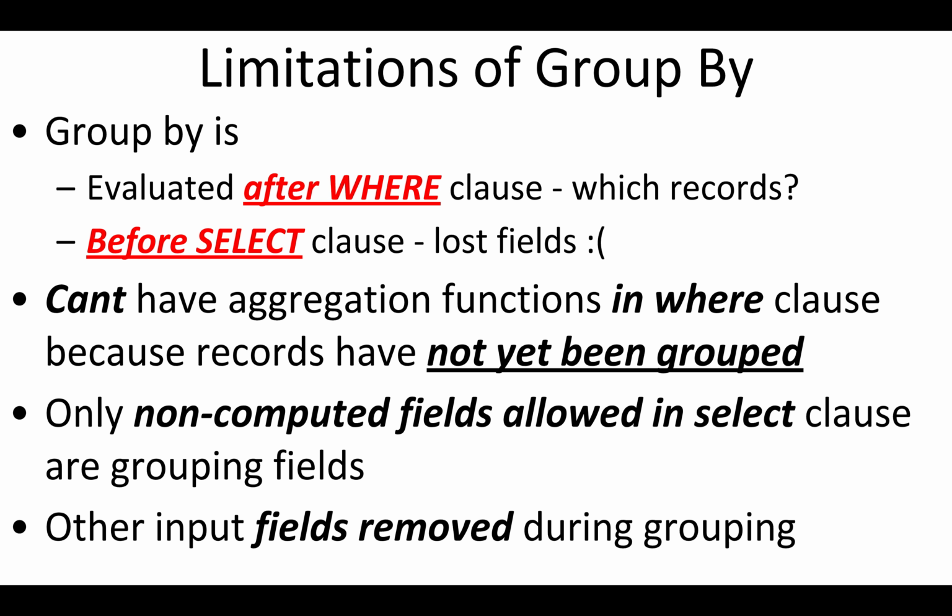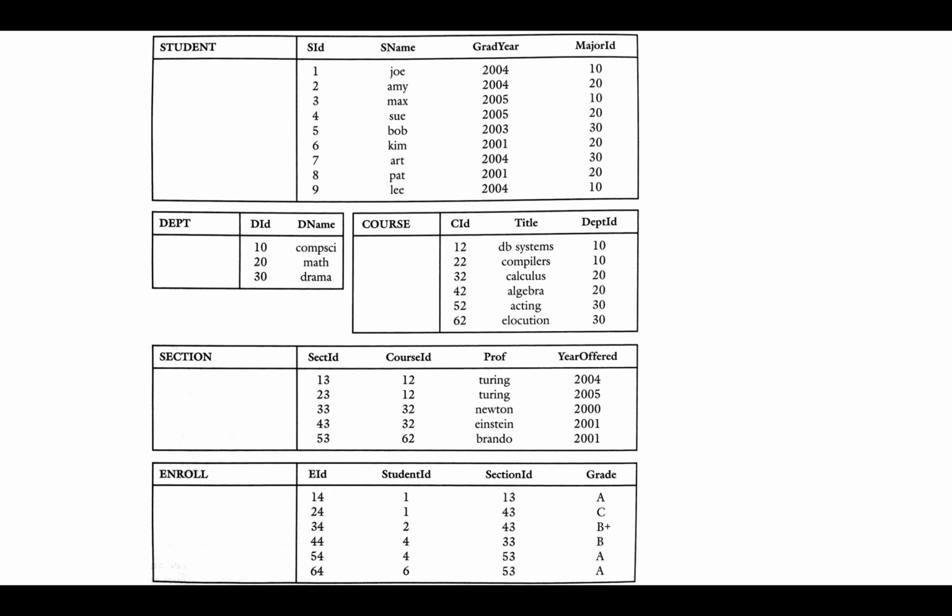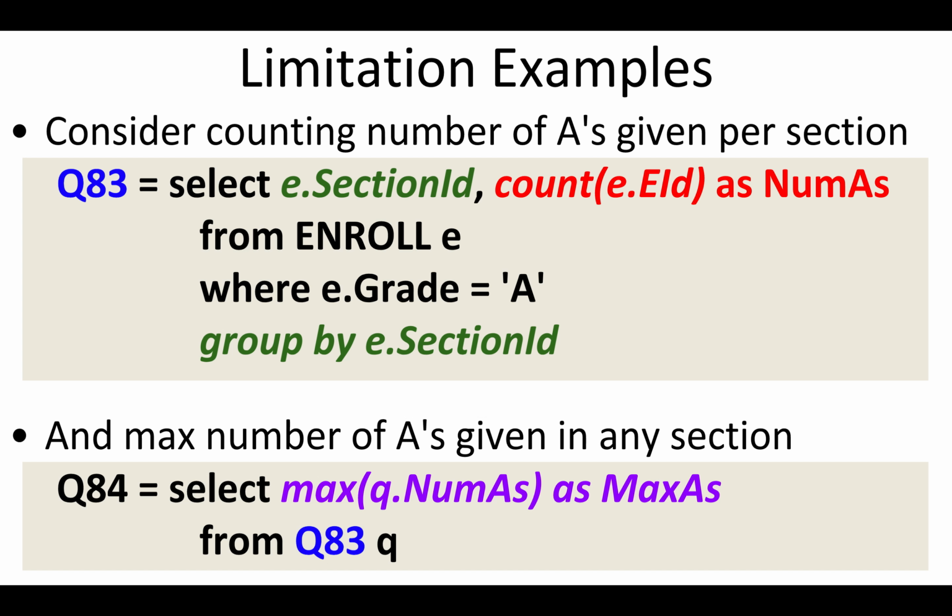Because of these two rules, of when the group by occurs, there are certain things that you just cannot do with a group by. So let's look at some of the limitations. Let's use the same exact database that we've been using so far, and take a look at a toy query we explored earlier using relational algebra.